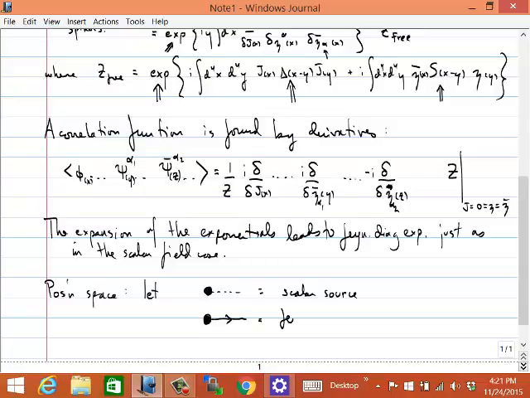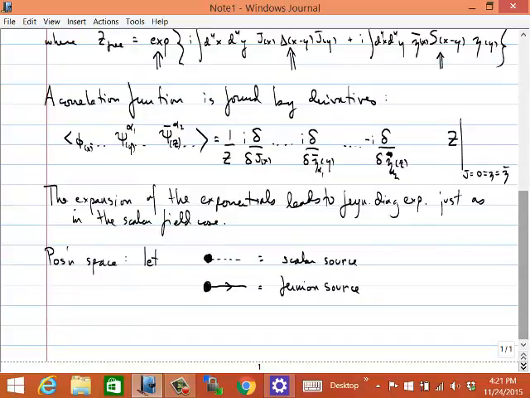So here I'm denoting the scalar fields with a dotted line, and the fermion fields with a solid line. For example, each one of these scalar lines would be a scalar propagator, delta, and each one of these fermion lines would be a solid line, and this would bring down a factor of the fermion propagator, which I called S.